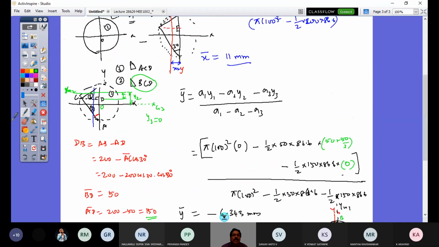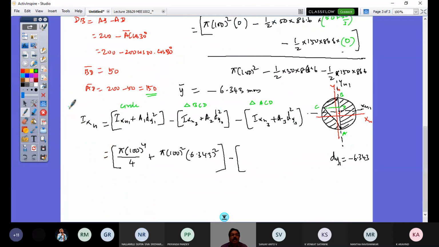The y2 here is referred from here, but now the distance should be from the central axis. So let me draw that axis here. That axis is here. This is the xg2 axis, and this distance from here is dy2, right?